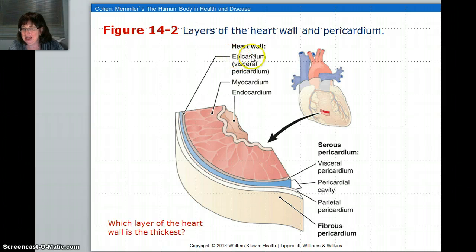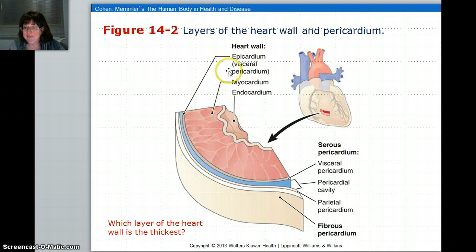So the outside, the epicardium, has the pericardium, which is this sac outside of it. Notice the pericardium is sort of double layered and it folds back on itself. You've got the visceral pericardium. Anytime you have a visceral word, it means next to the gut. Parietal means more towards the chest cavity. So you have the visceral pericardium and the parietal pericardium. Very fibrous, a way of protecting the heart.